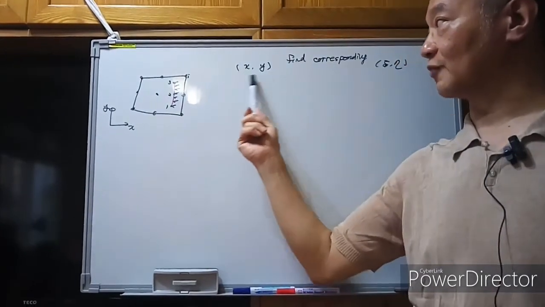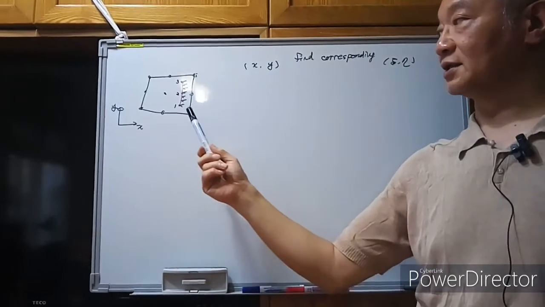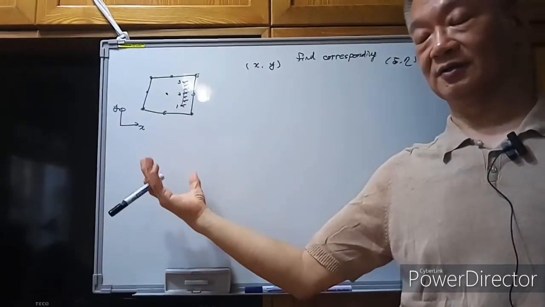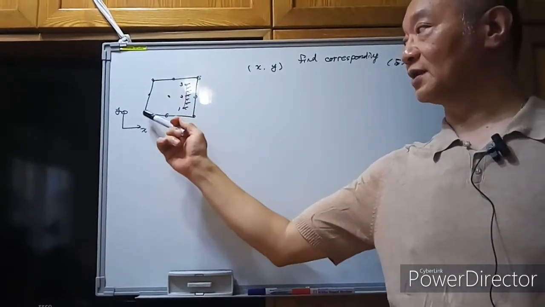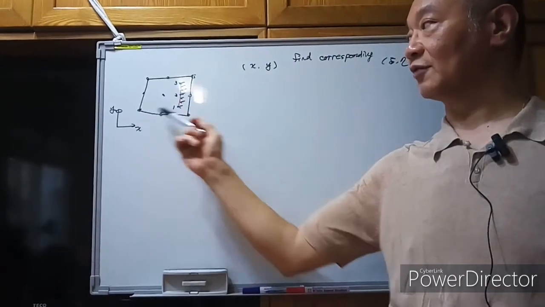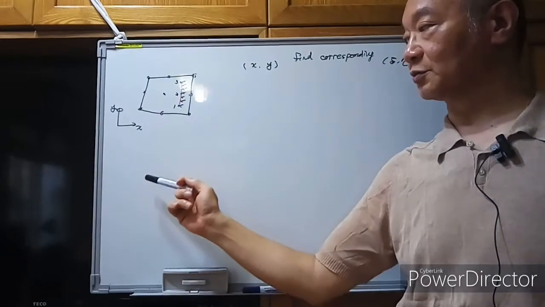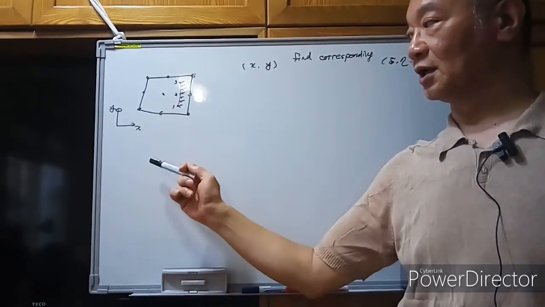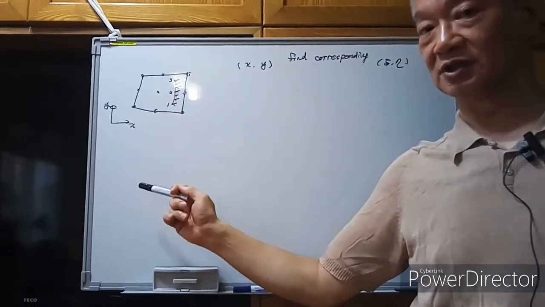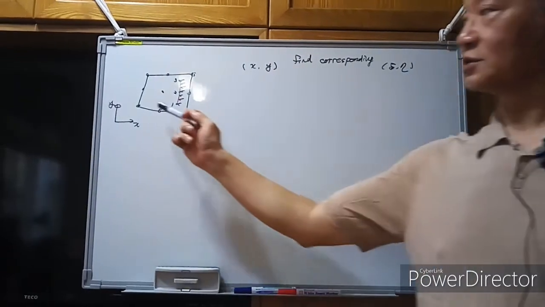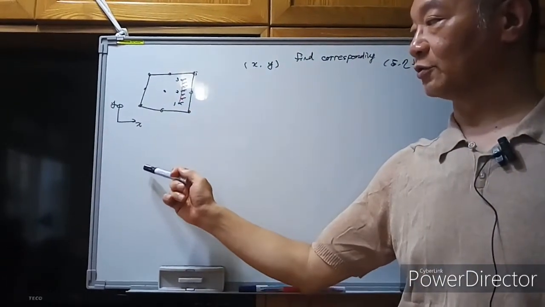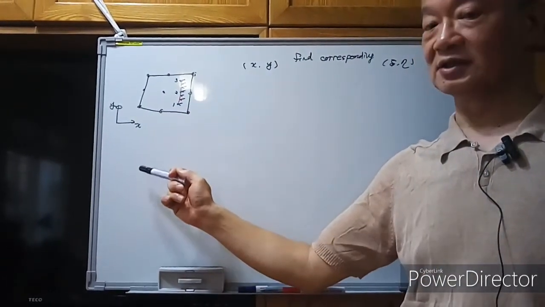If you like to find the xy, the easiest problem will be the first node of this element. Okay, so we know the first node will be mapped to the first node in the master element. So these node points will be the xi and eta.